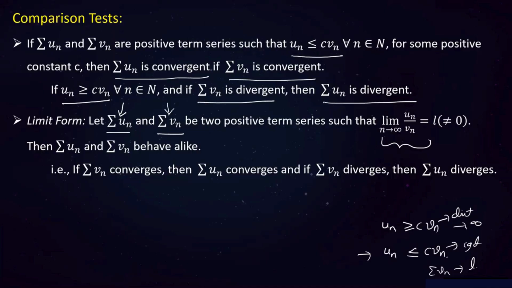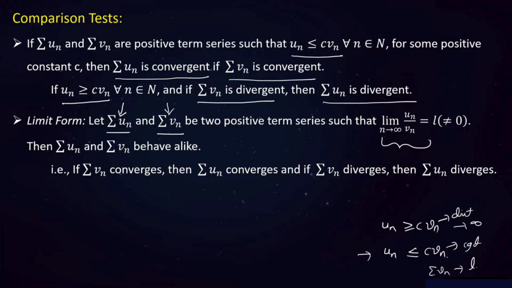If this limit is a finite non-zero value, then summation un and summation vn behave alike. It means if the series we have already considered, whose convergence is known to you, is convergent, then obviously this other series is also convergent. In case vn is divergent, even un is also divergent, right? So these two always behave similarly.